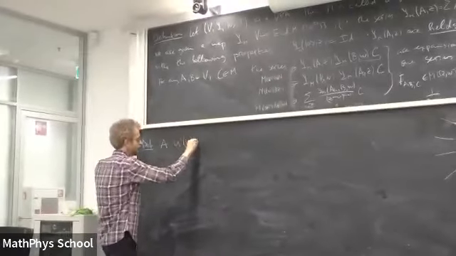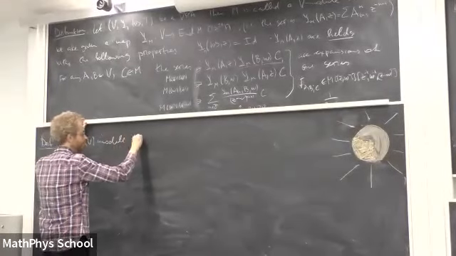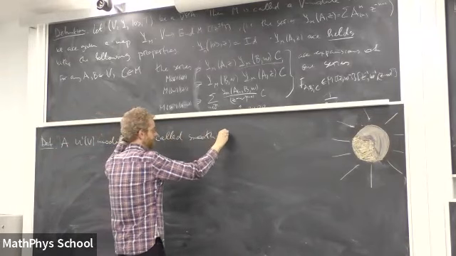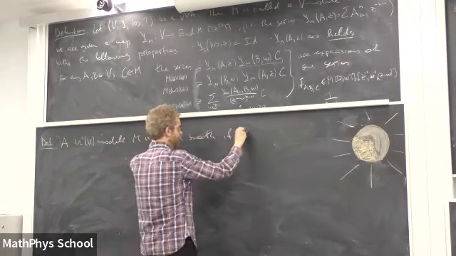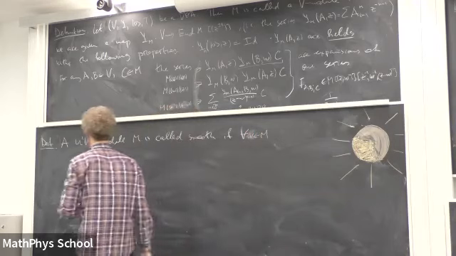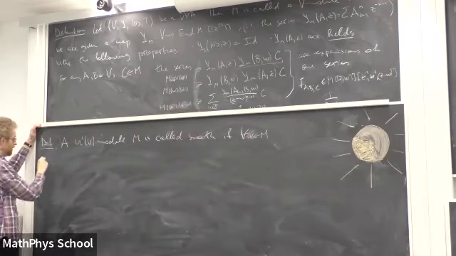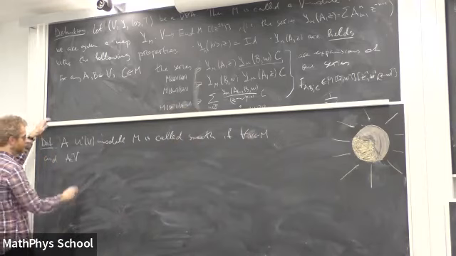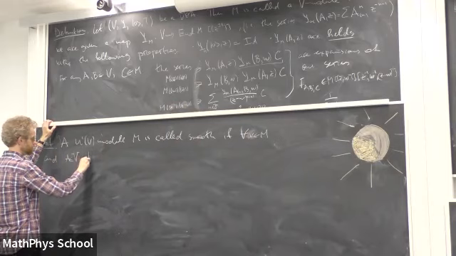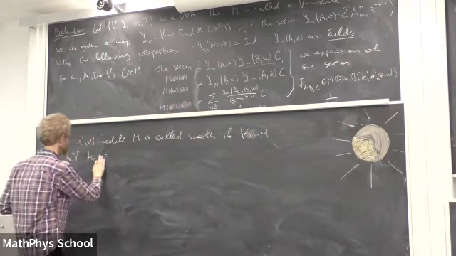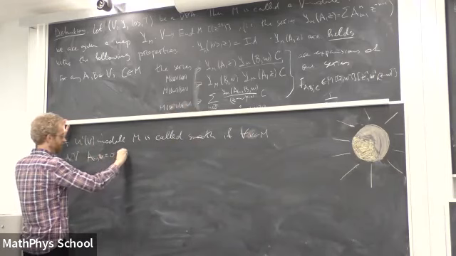So a U'(V)-module M is called smooth if for any vector v in M, and a from V, a[n]v is 0 for n large enough.